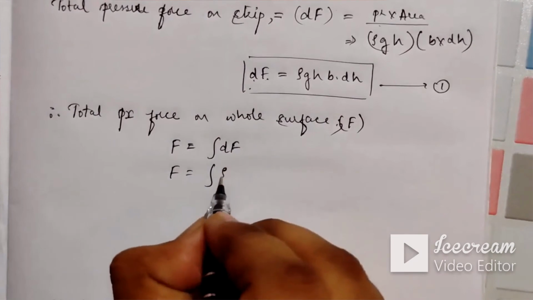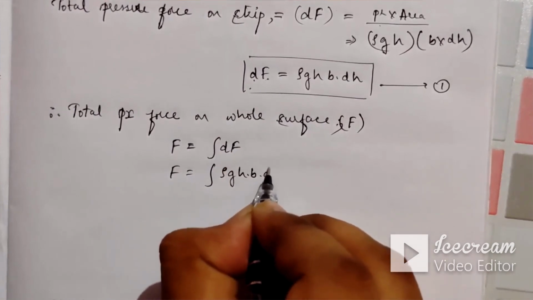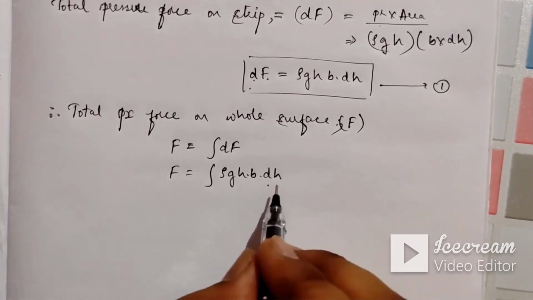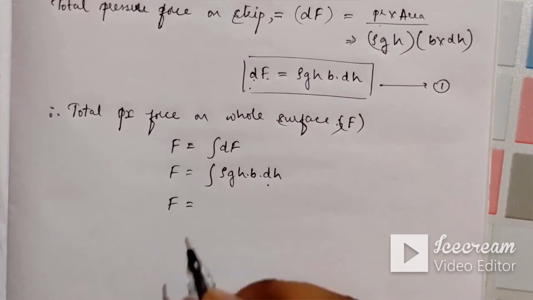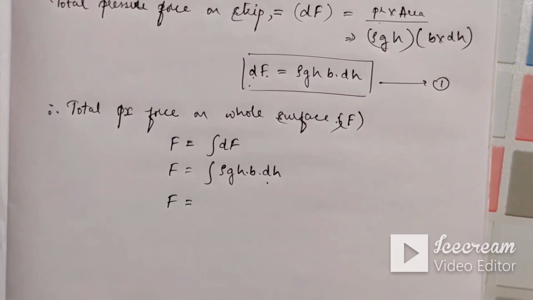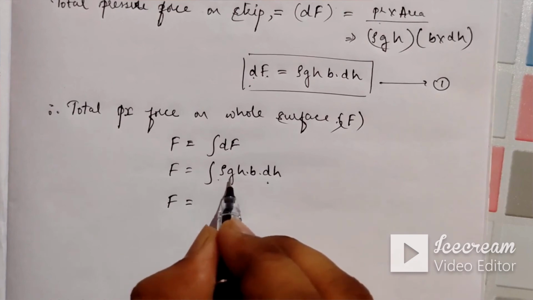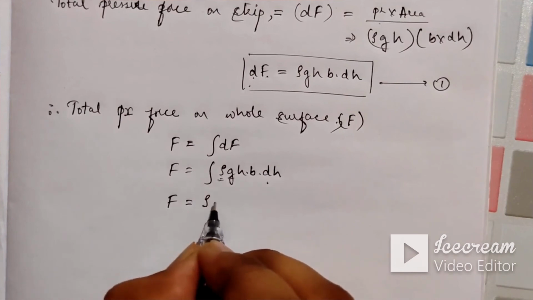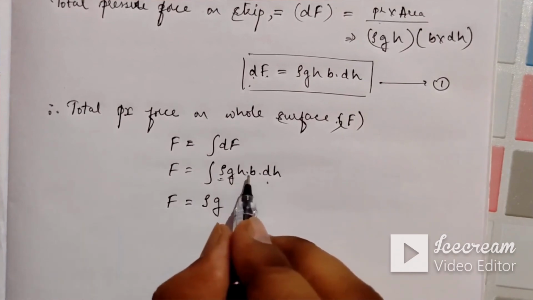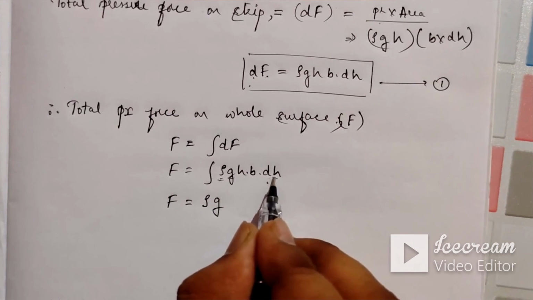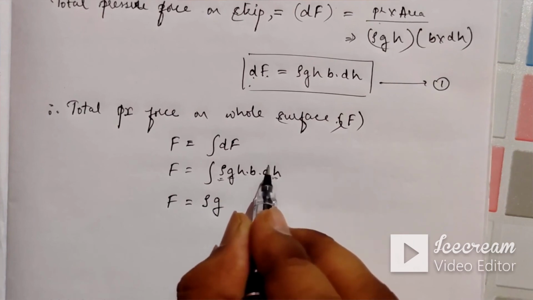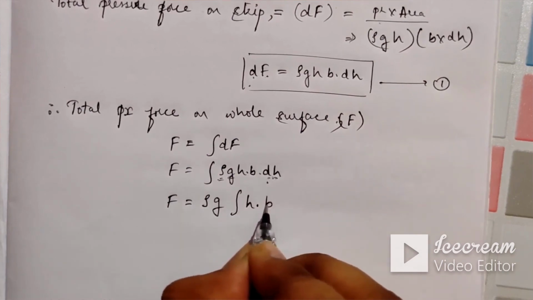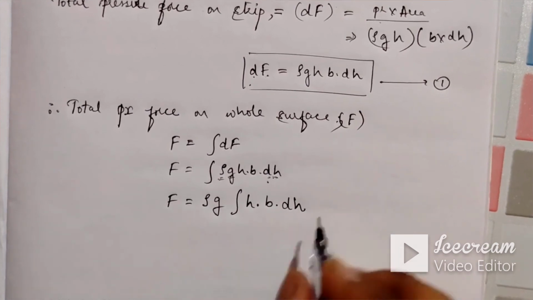Now just substitute dF is equal to rho g h into b into dh. The constants will come out: g is constant, rho is constant. So rho into g will come outside, and we retain the integration of h into b into dh.